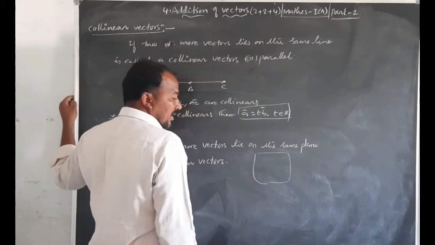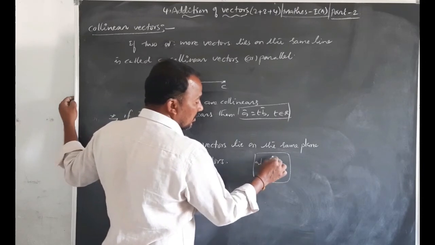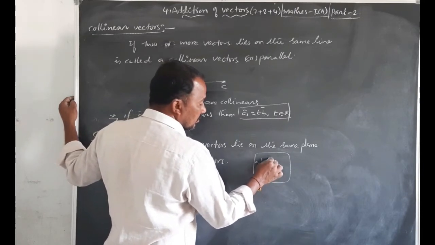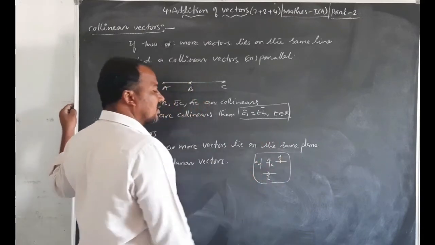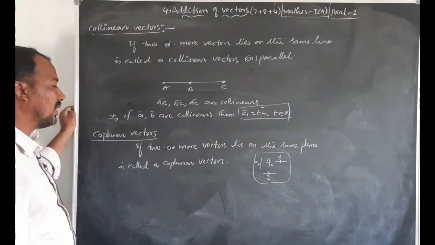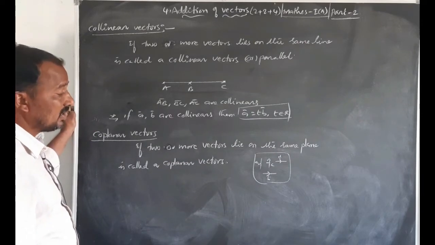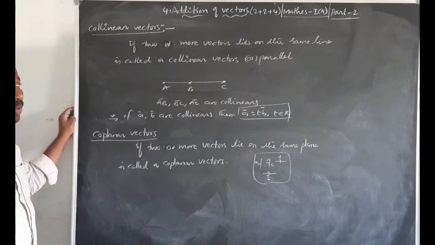So it is a plane with vectors A, B, C, D. Two or more vectors lying on the same plane are called coplanar vectors.